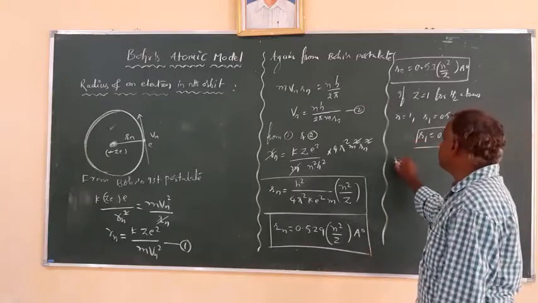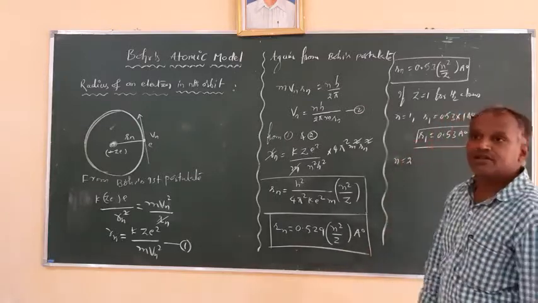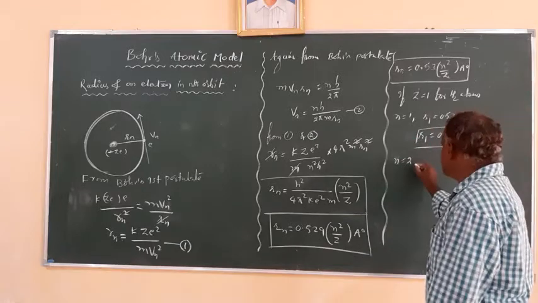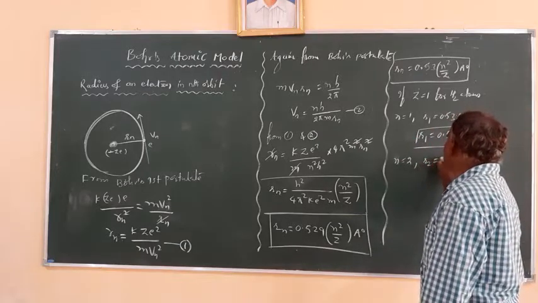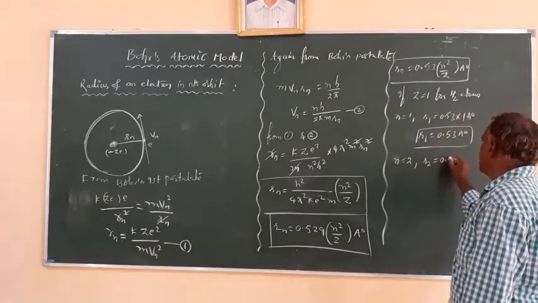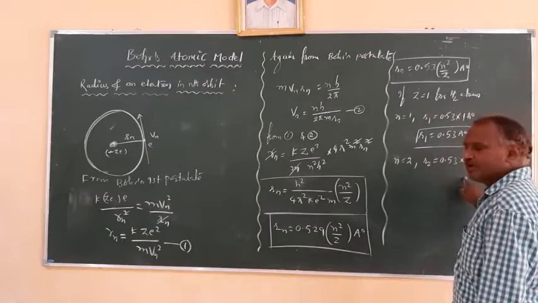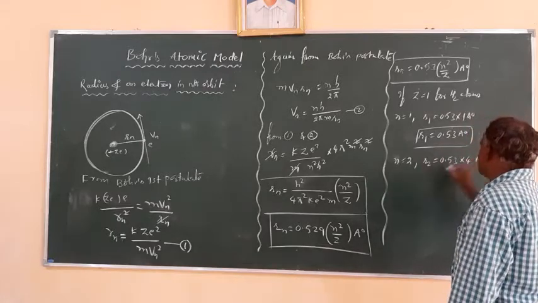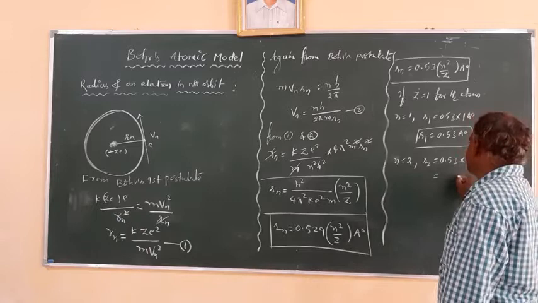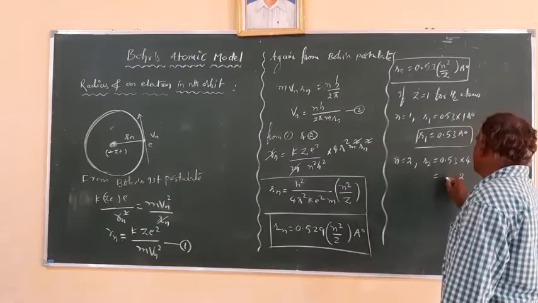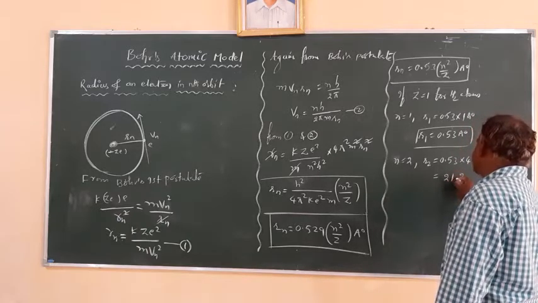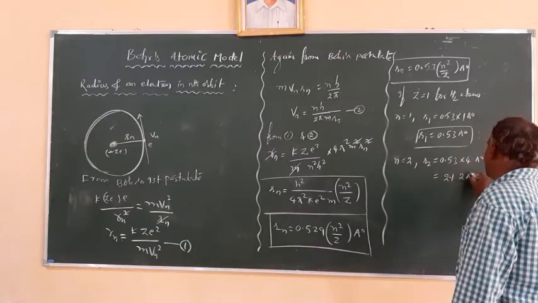If you take n is equal to 2, what is the radius of the electron in the second orbit of the hydrogen atom? So n is equal to 2, that is R2 is equal to 0.53 into 2 square by 1, which is 4, so it becomes 2.12 angstroms.